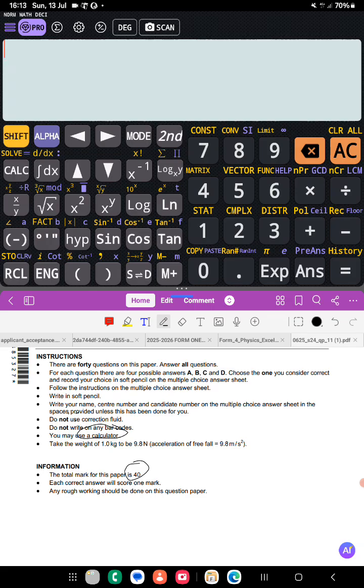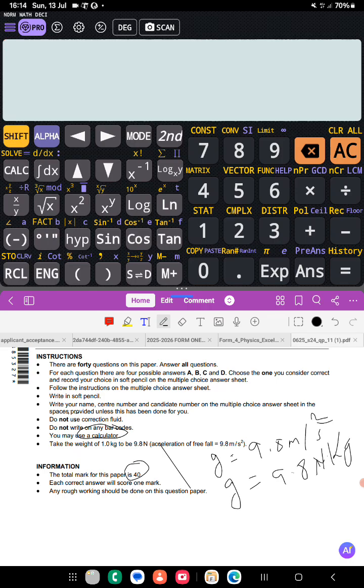And for questions that require us to use the acceleration of free fall, which is in most cases called g, we are told to take g as 9.8 meters per second squared, and gravitational field strength of 9.8 newtons per kg.